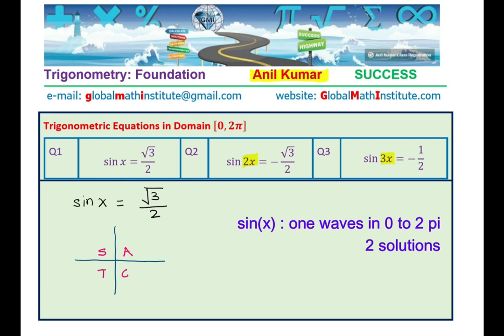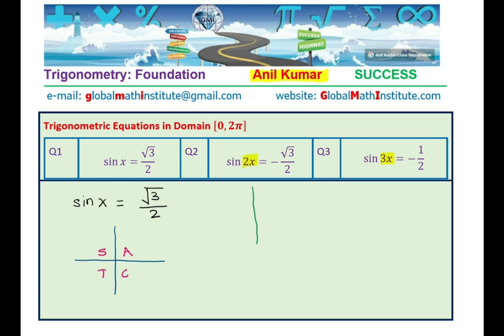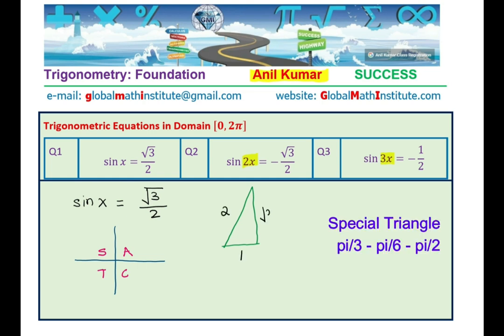To find the solution, we can look into the special triangle where the sides are in the ratio of 1 to square root 3. Now, square root 3 is right opposite to the angle pi by 3, correct? So the related acute angle is pi by 3.